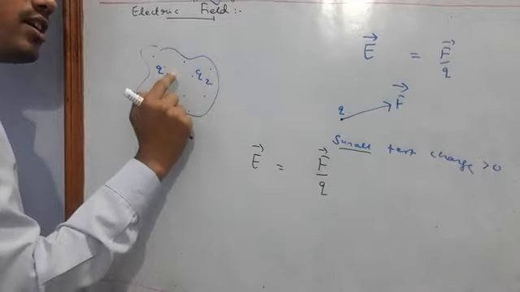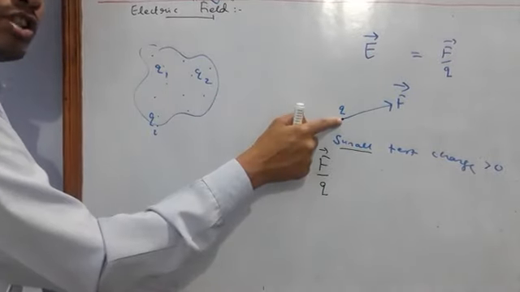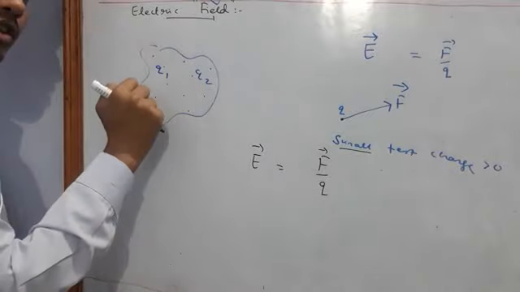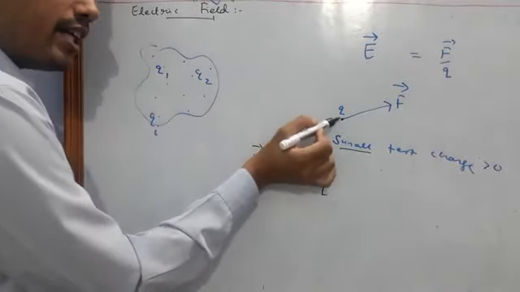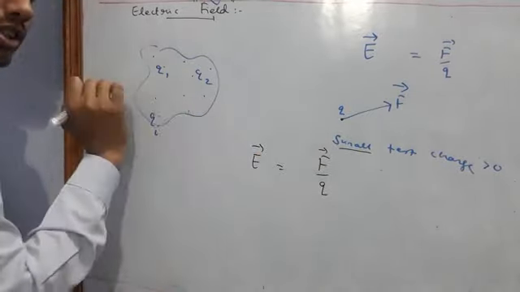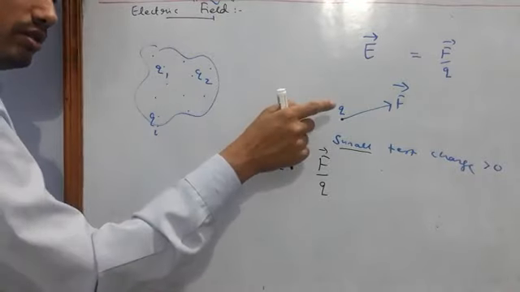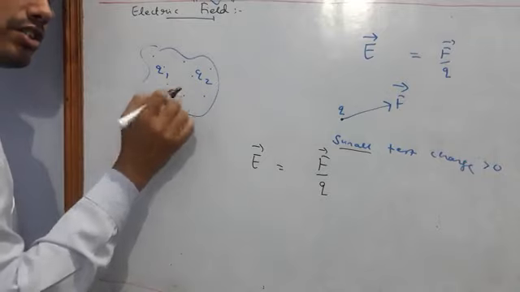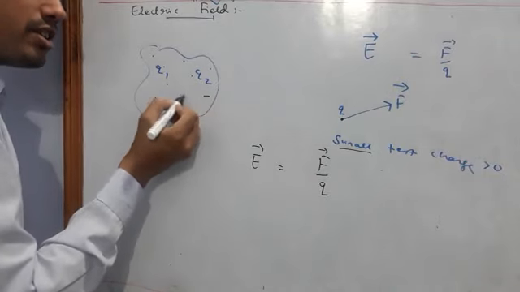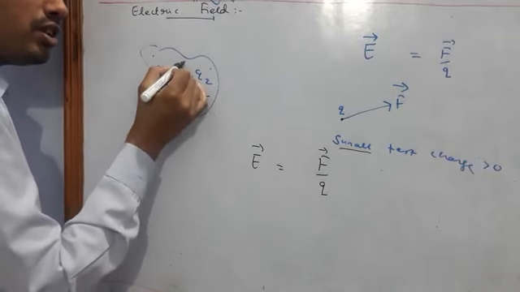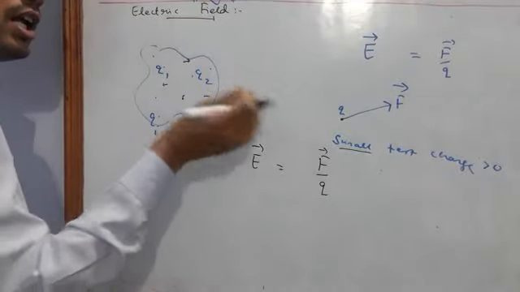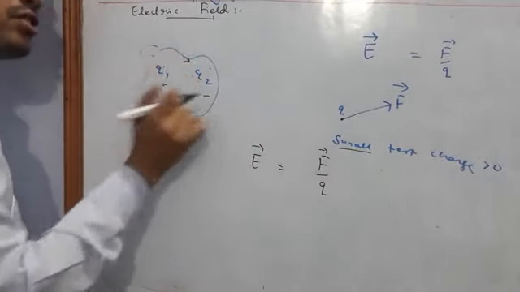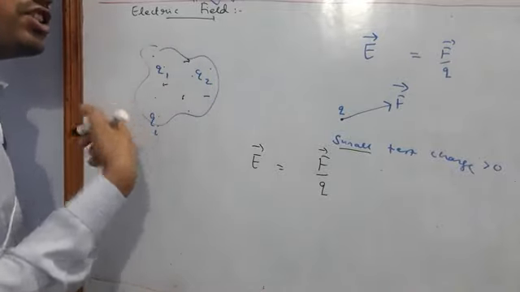Then it's not that only these charges will exert force on this. Newton's third law says this will also exert force on the configuration. We wish to find the electric field at this point due to this configuration, but the moment we bring this charge, it will attract or repel some of the charges, so their positions might change a bit because of the forces. So the electric field which you will get here will not be due to the original configuration but due to the disturbed configuration.